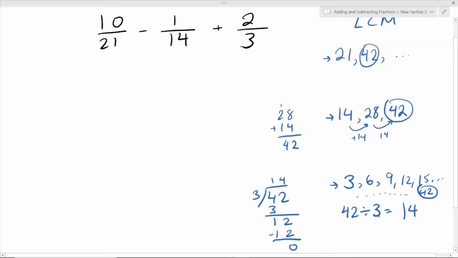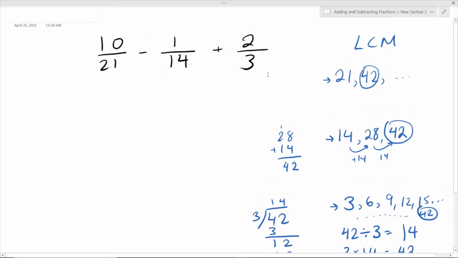Because 42 divided by 3 gives 14, so 3 times 14 gives 42, right? So if you basically continue these numbers and you have 14 numbers, like for finding the LCM, you're listing the multiples. You have 14 numbers, the 14th one is going to be 42. So that means 42 is the LCM, and that means 42 is a common denominator that we can use here.